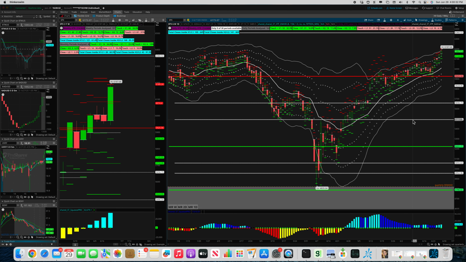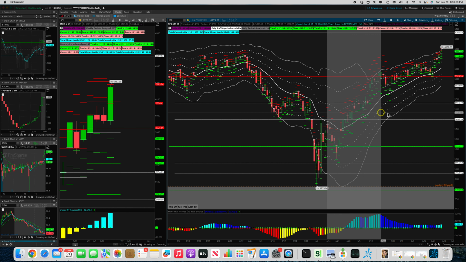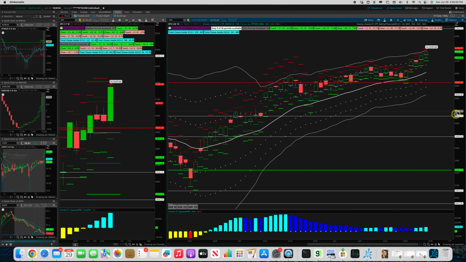Voodoo lines also include sky lines, which are blue. However, I don't have them on this chart because I only use them on smaller time frames. The reason why is because sky lines tend to just be a pausing point. So if I'm swing trading something, that's not something that I really need to pay attention to. And you know what happens when we have too many lines on the chart, right? It gets a little muddy.